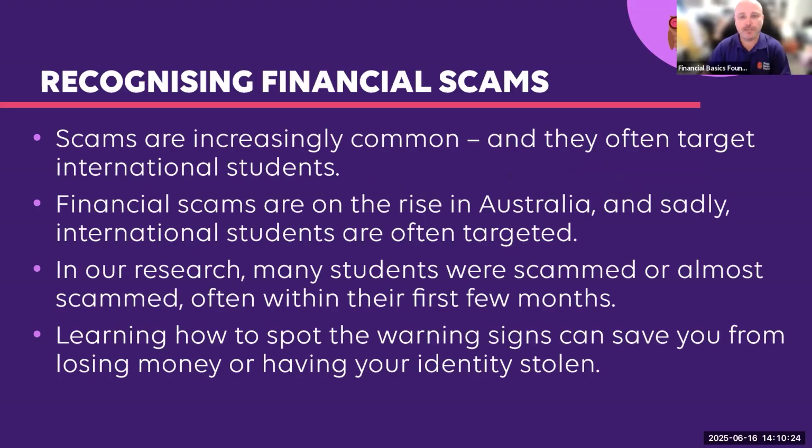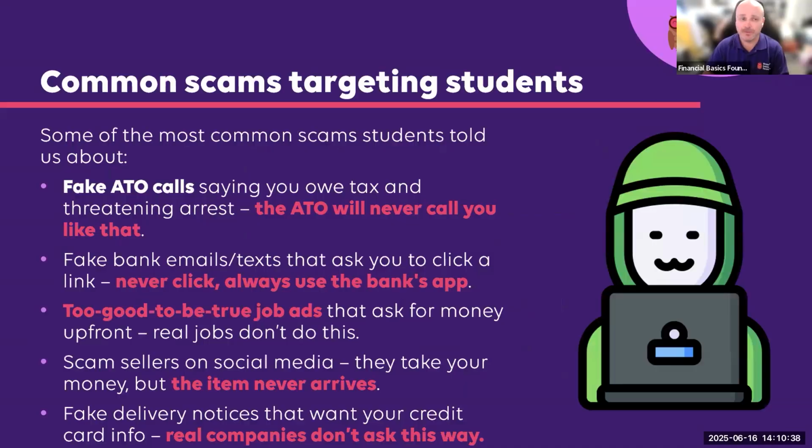But it's really worth being aware of some of these key things to look for when it comes to financial scams, to hopefully avoid them, cut them off at the pass, or know what to do in the unfortunate instance that you do happen to get scammed. And it is really common to get scammed. So the ones I've got here are the most common ones that international students flagged with us in the last 12 months.